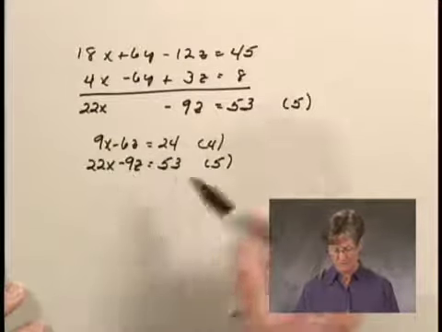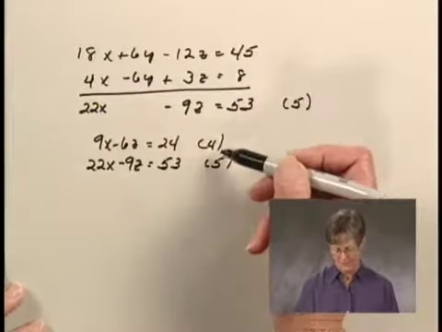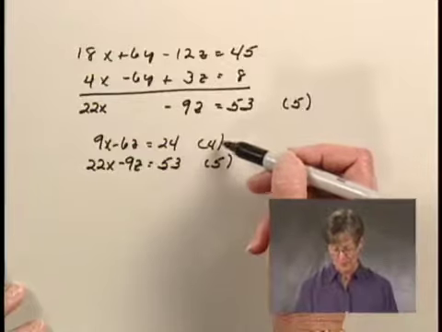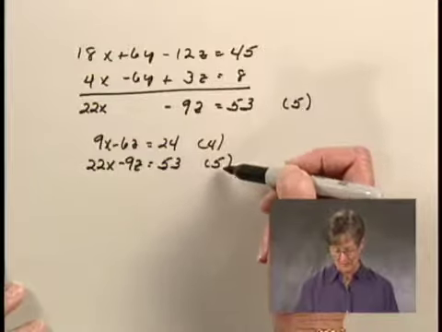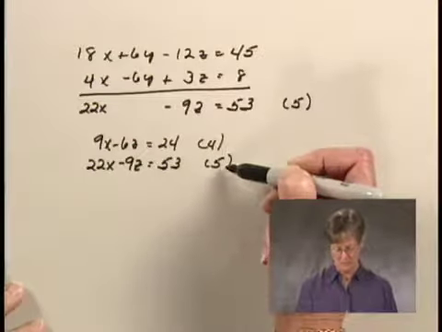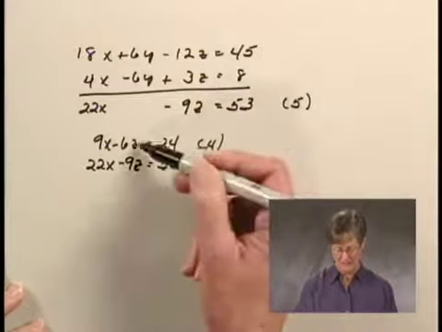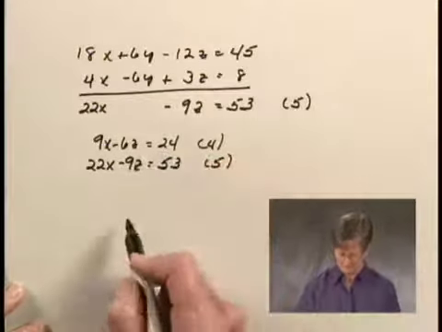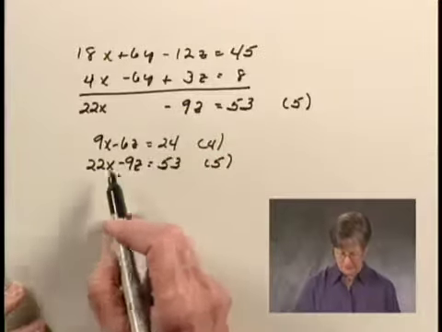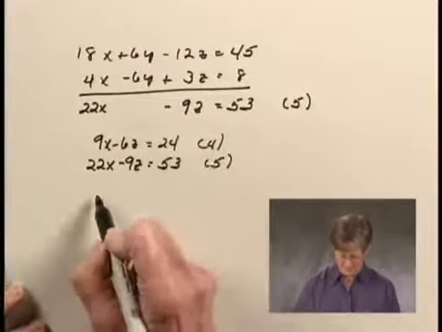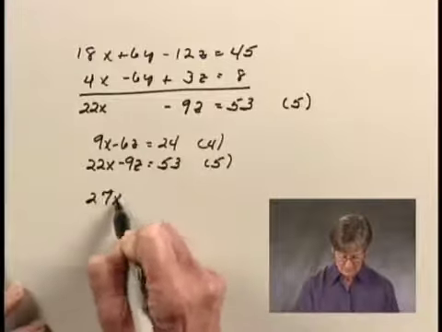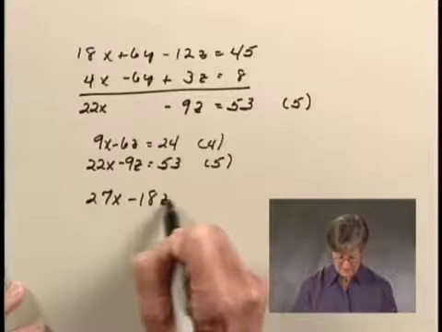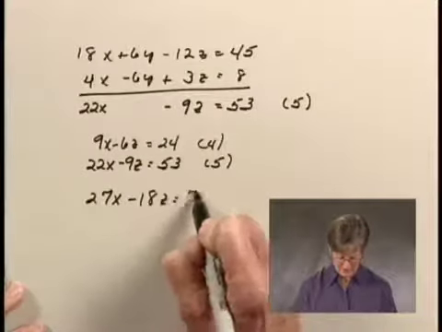If I would multiply equation 4 by 3, and if I would multiply equation 5 by negative 2, I would have a negative 18z plus an 18z, and the z's would be eliminated. So doing those multiplications, multiplying equation 4 by 3, I have 27x minus 18z is equal to 72.